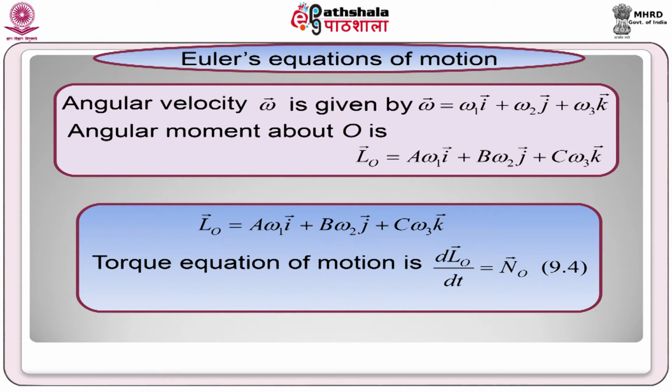The angular momentum about O can be written as L_O vector, O in suffix, equal to capital A into omega 1 i vector plus capital B into omega 2 into j vector plus capital C into omega 3 into k vector, where capital A, B, C are the principal moments of inertia.